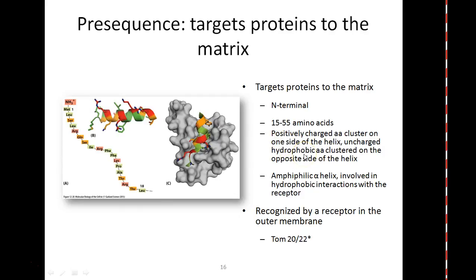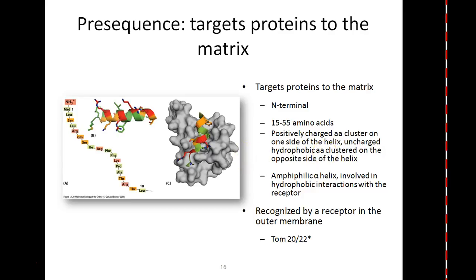And it's very unique because the color coding reflects chemical properties of those amino acids, and when this stretch of amino acids makes secondary structures, making the alpha helix, it's going to put all of the charged amino acids onto one side of the helix, and all of the hydrophobic amino acids will be clustered on the opposite side.